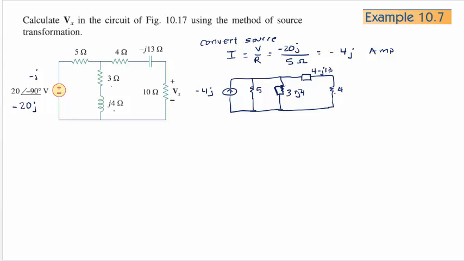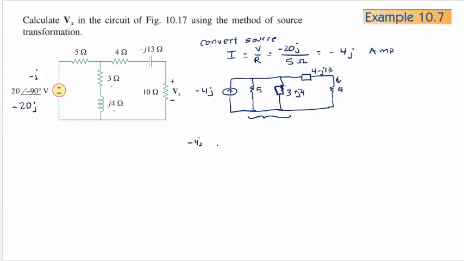Something I could do is combine things and compress this all down to one big Z, but that doesn't help me a whole lot, because I really want to get the voltage here. If I get the current here, I get the voltage here. So in the next step, I'm going to combine this parallel combination into one component.